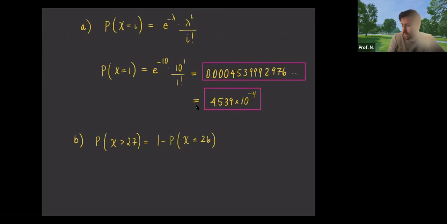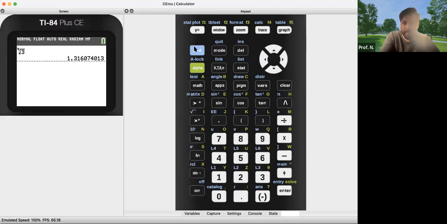But I think you can also use your calculator for this. You can use the Poisson CDF because that would make more sense to use than the PDF itself because you have an accumulation. So let me share my screen with the calculator. If we go to second vars, which is distribution, you have the Poisson CDF and lambda is 10.